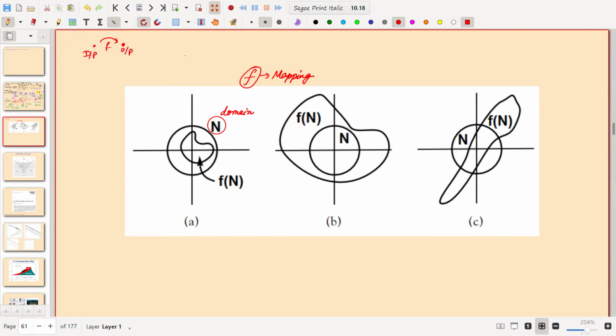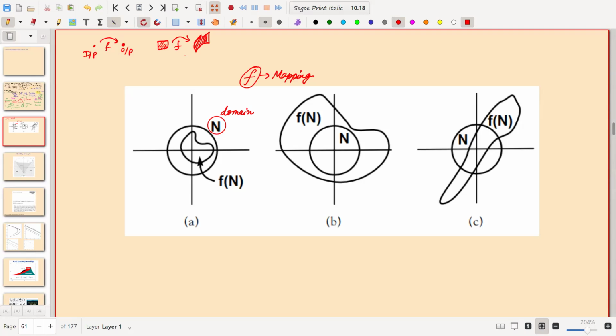Now instead of a point, if you give an area to a function, what will the function give? Another area. This area is nothing but a collection of points. So those collection of points will be transferred to some other collection of points. So that will be another area, right? The area can look like this.